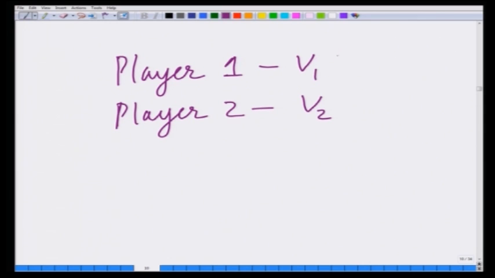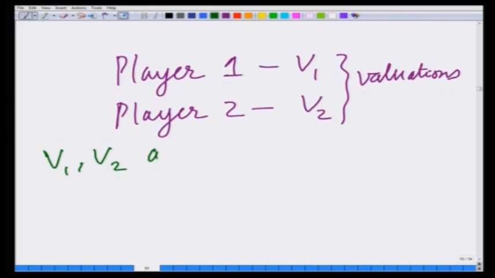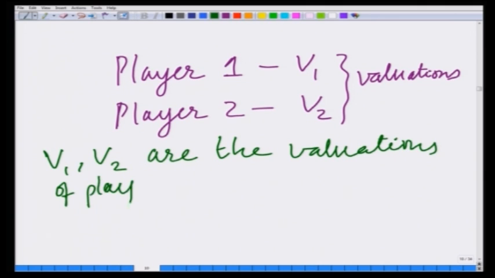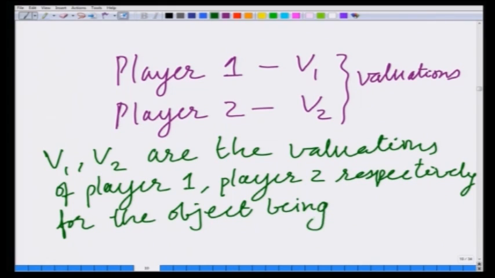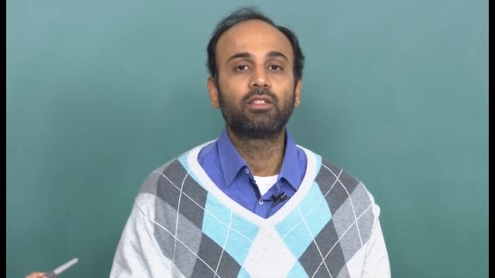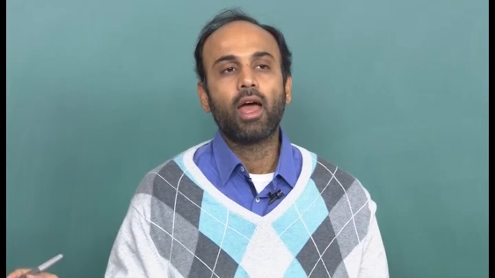V1 and V2 are the valuations of player 1 and player 2 respectively for the object being auctioned, and these valuations are private, which means player 1 does not know the valuation V2 of player 2 and player 2 does not know the valuation V1 of player 1. Therefore, these valuations are private.